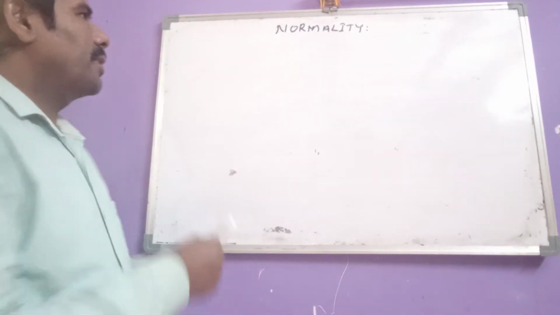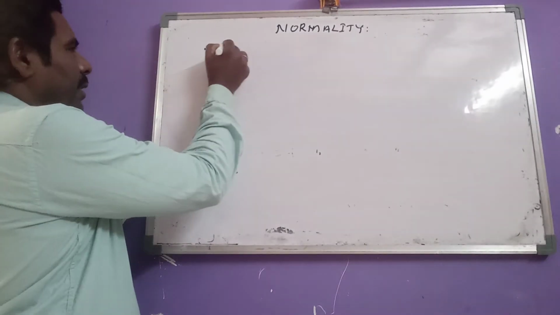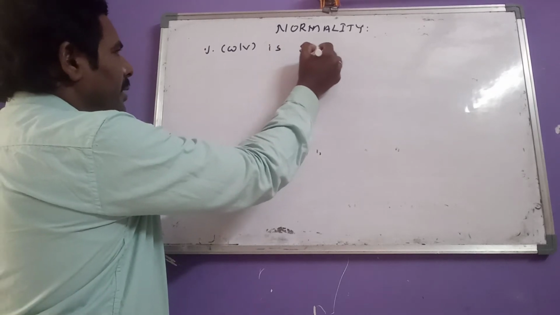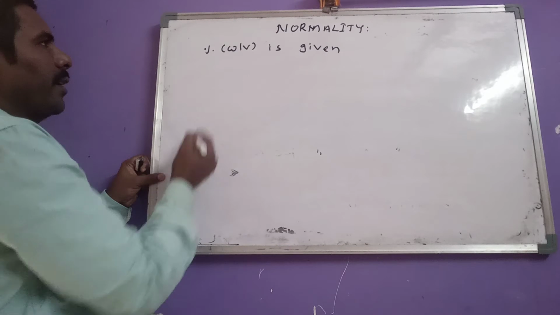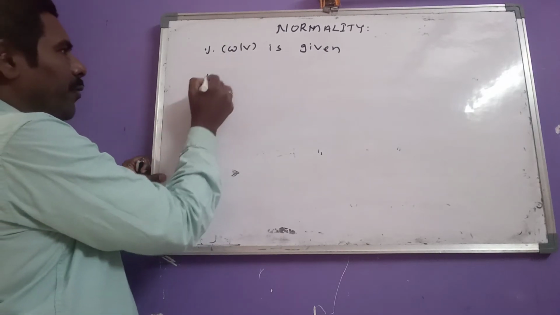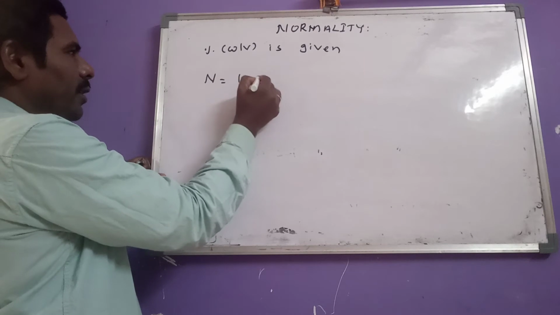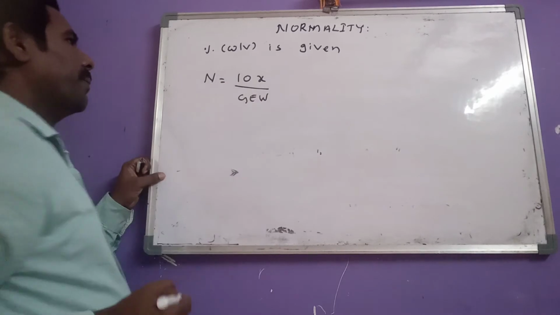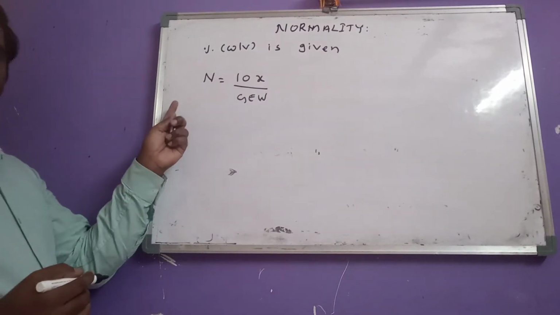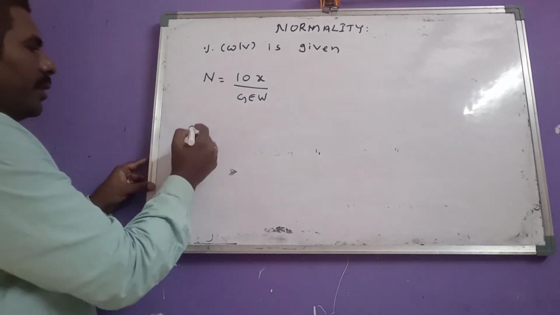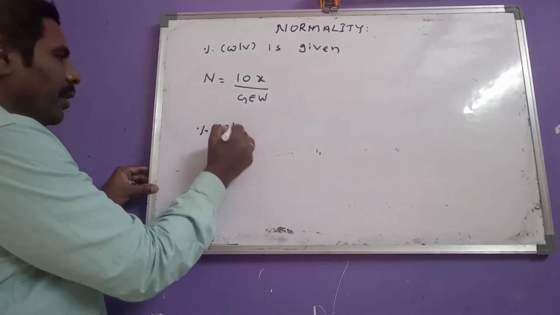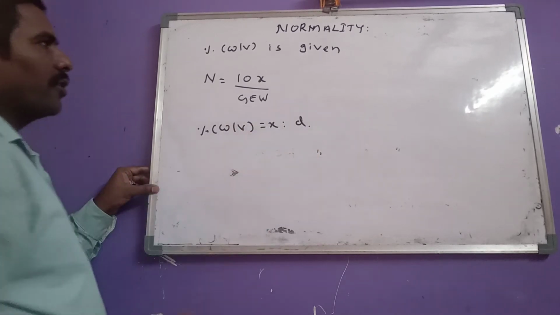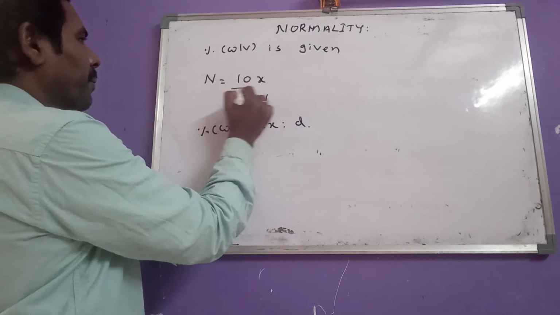Okay, first, if percentage W by V is given, let it be x. Therefore normality equals 10x by gram equivalent weight. This is the formula to calculate normality. Sometimes along with percentage W by V, density is also given in the problem.